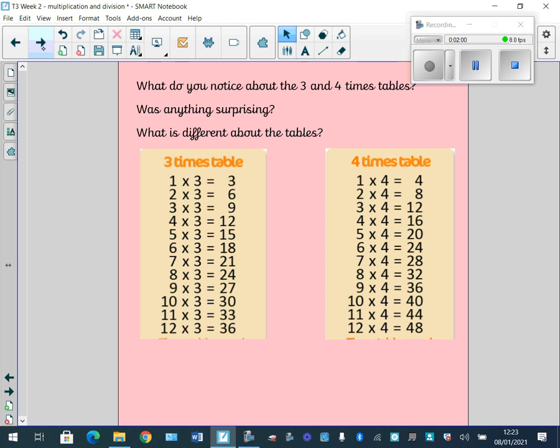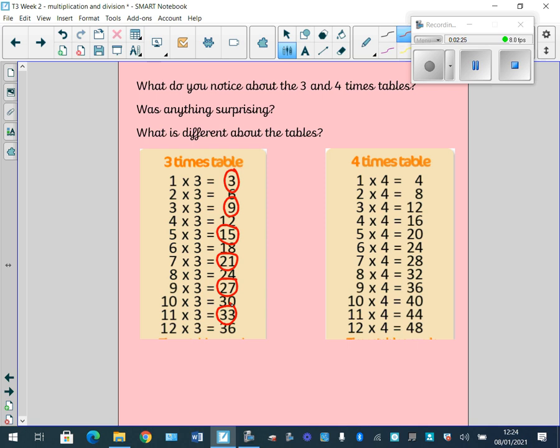Okay, so have a little look at this slide, see if you can notice any patterns in the 3 times table and the 4 times table. Let's go through some of these now. So, in the 3's I can see we've got some odd numbers here, 3, 9, 15, 21, 27, 33.